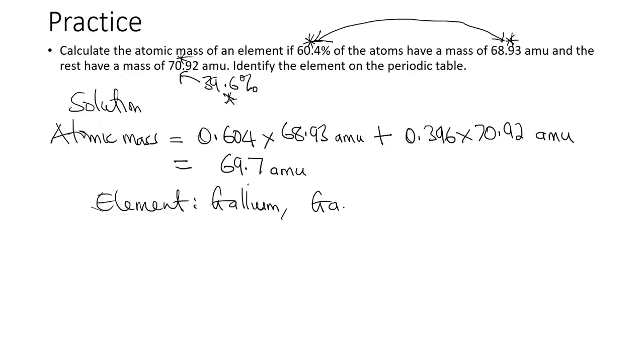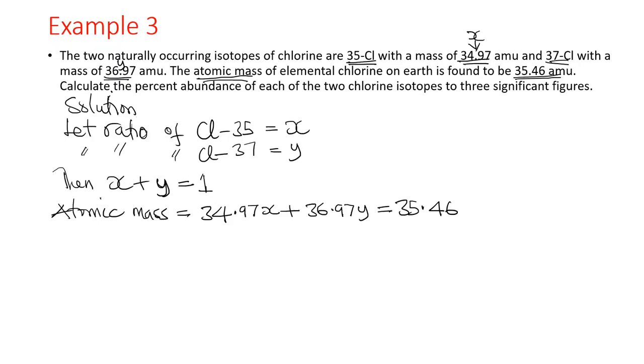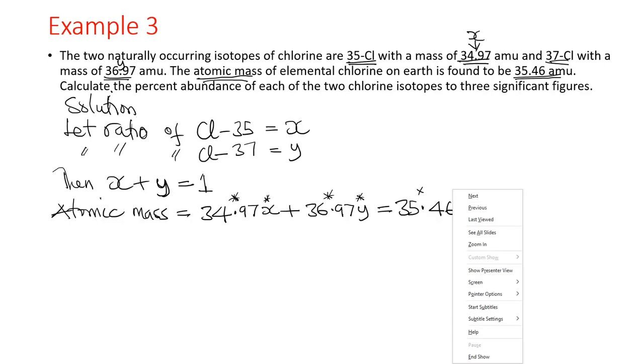Why am I doing this? It's compared to this. You can see here the ratio times mass plus ratio times mass gives the atomic mass. The same thing here. Ratio times mass plus ratio times mass gives us atomic mass. So we need to take note of that.